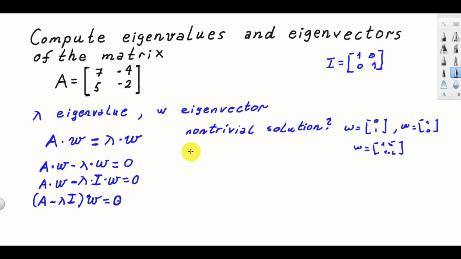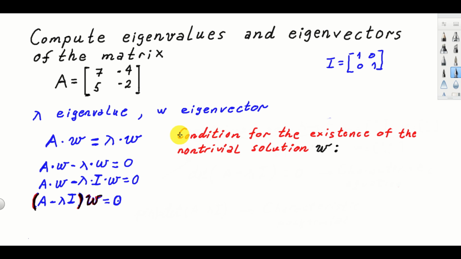On the other hand, the trivial solution is W equal to 0, 0. This system always has a trivial solution. However, we want to ask ourselves, when does the system have a non-trivial solution?